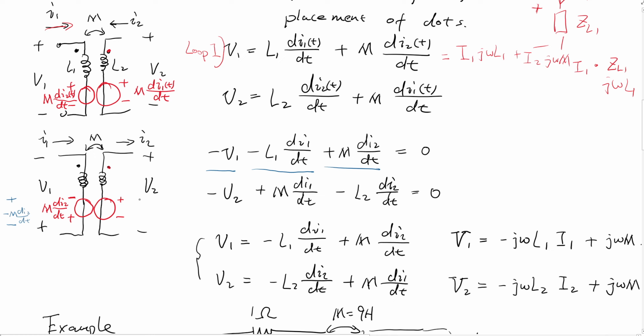For the right hand side, the secondary side, you can see the current goes this way, from left to right and then down. So this is a voltage drop. That's a voltage drop, that's a voltage rise, and that's a voltage drop.